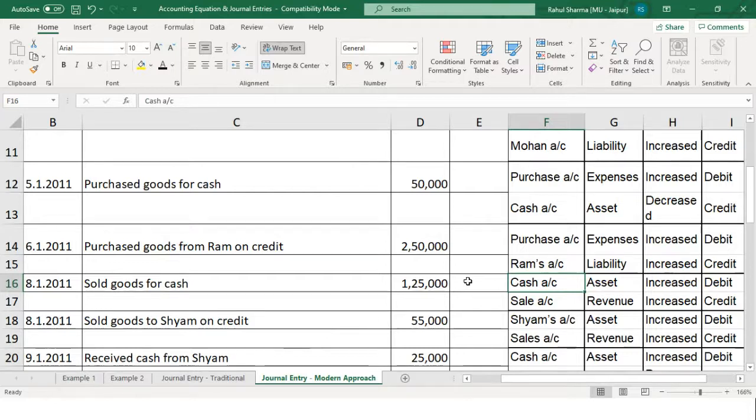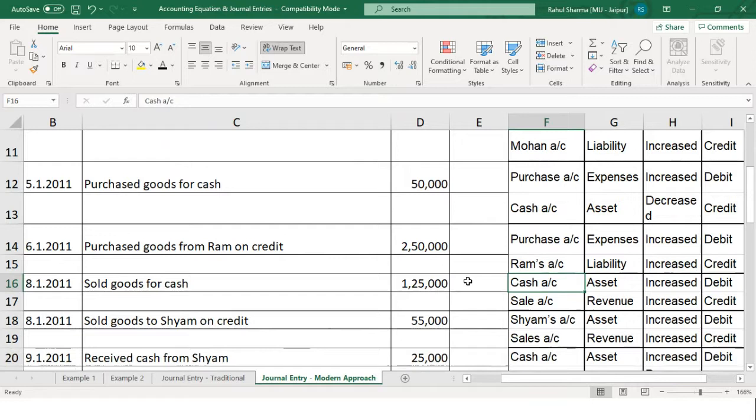Now Sham would be my debtor or creditor? Remember, whenever we sell, we have a debtor. Do remember it with your credit card. Whenever you buy on credit, there's a creditor, but whenever you sell on credit, there's a debtor. Debtor is your asset or liability? Debtor is your asset. And the asset increases when you sell.